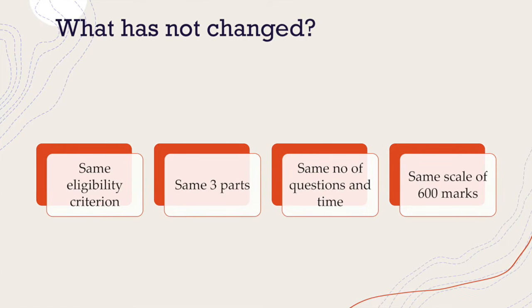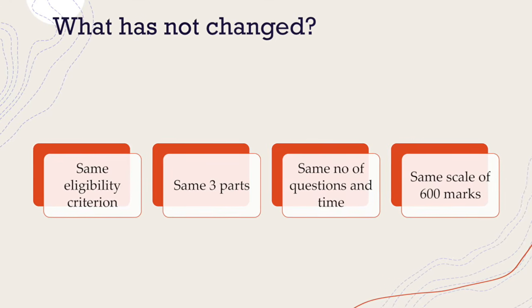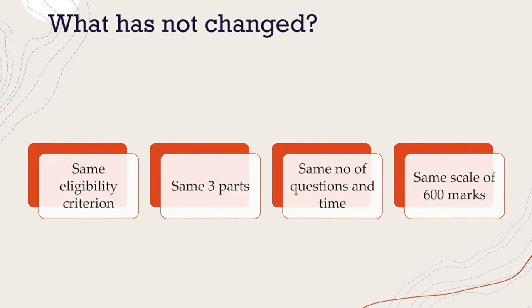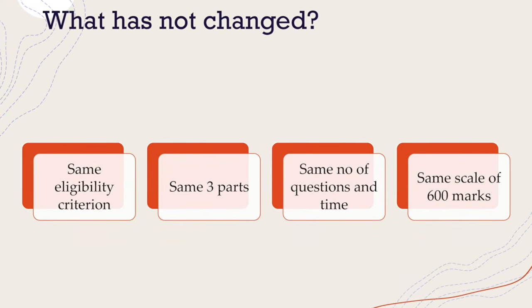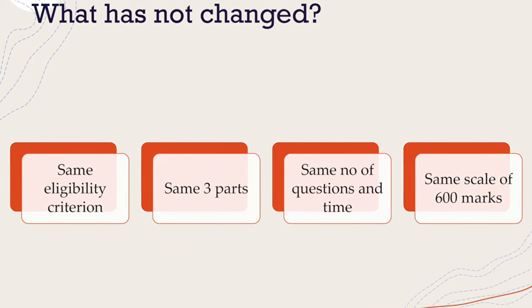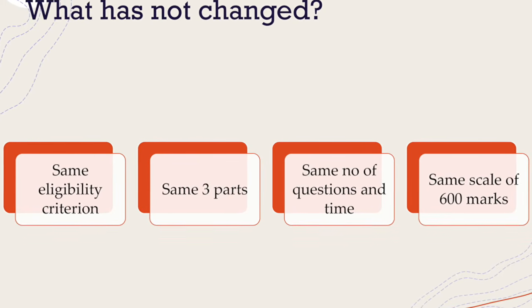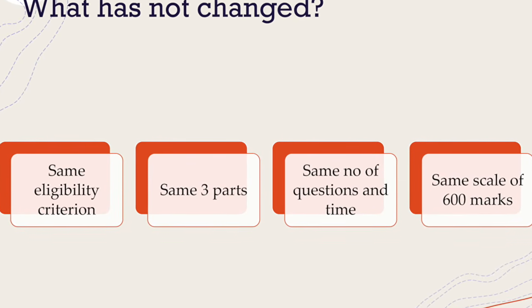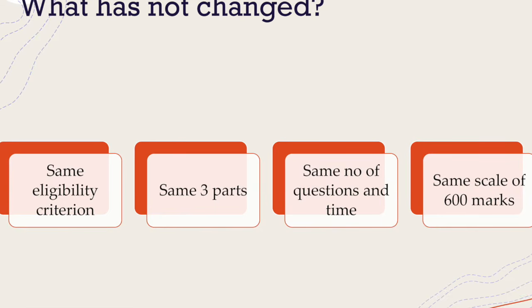What is not changing is also the number of questions in each part. So you will have the same number of questions and the same time allocated for all 3 parts, exactly the way it is today. What is also not changing is the exam pass mark, the same scale of 600 and above. These things are not changing.